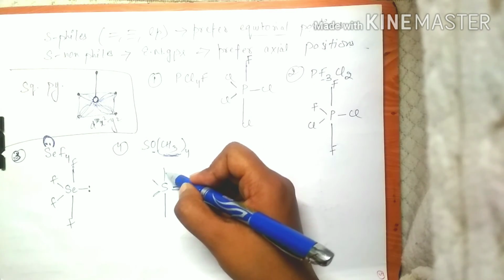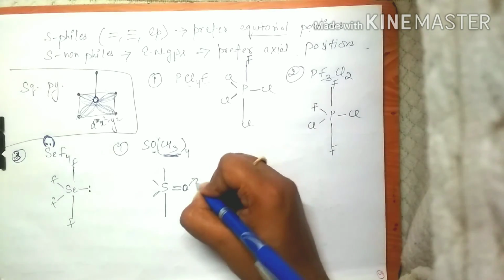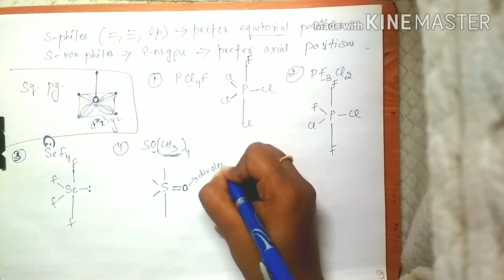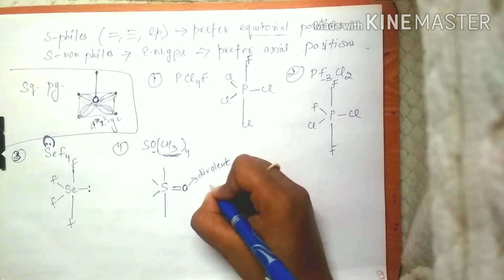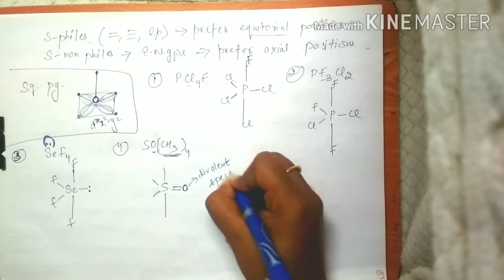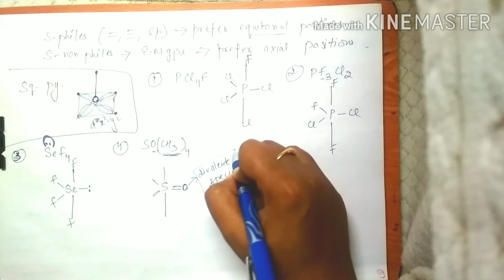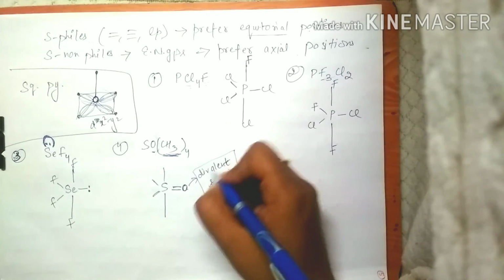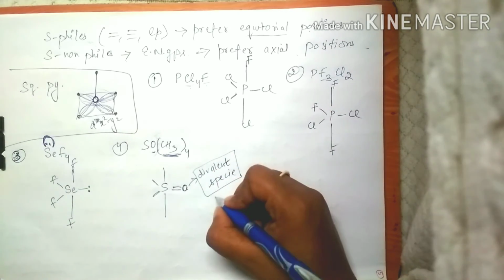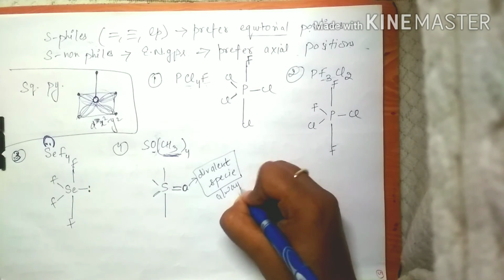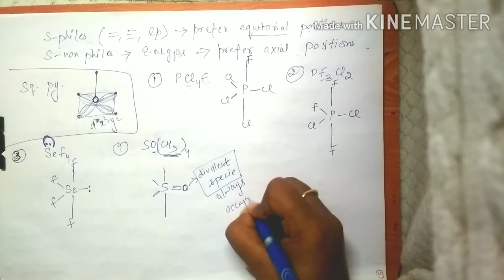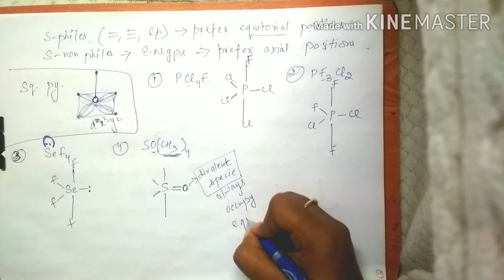Why does this happen? Because your O is a divalent species. So always remember that all the divalent species, they occupy your equatorial position. The divalent species always occupy equatorial positions.